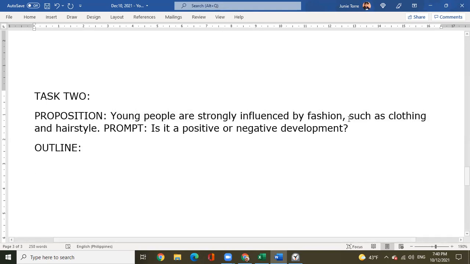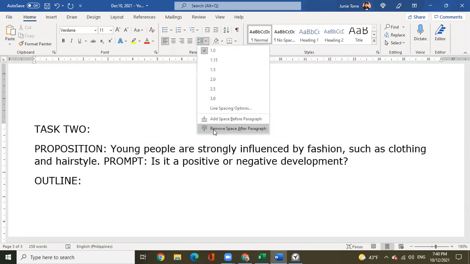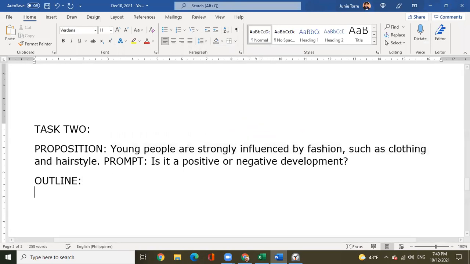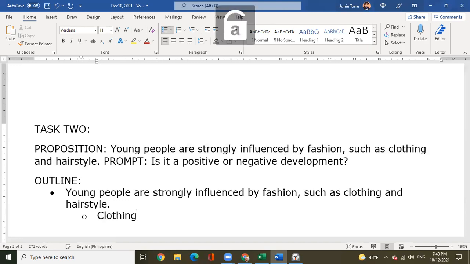There, let's fix the paragraphing. There. So young people are strongly influenced by fashion there. And then I don't even know what they watch. So clothing, I will mention short shorts.